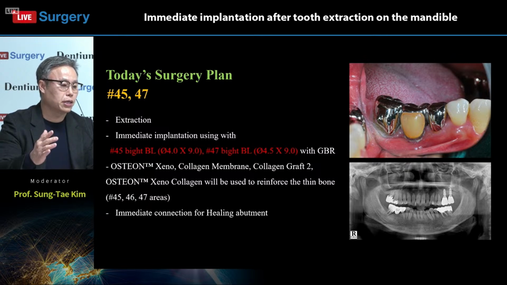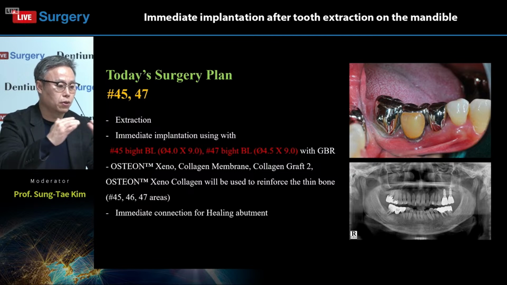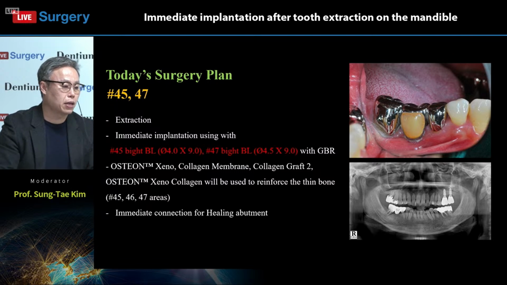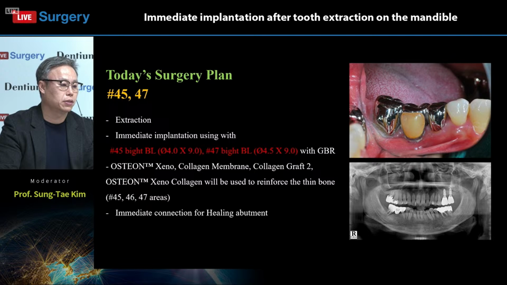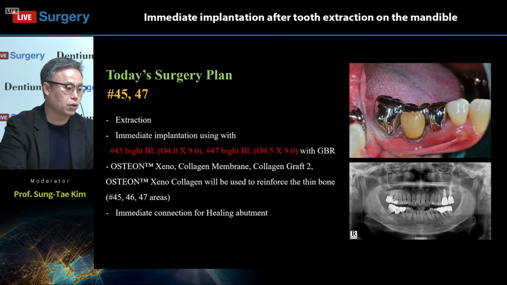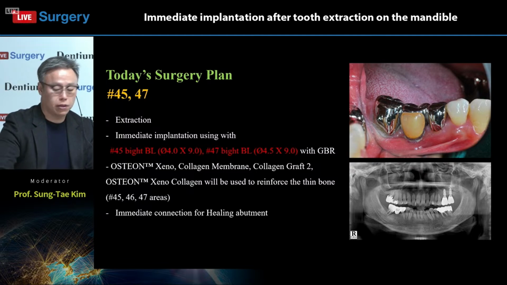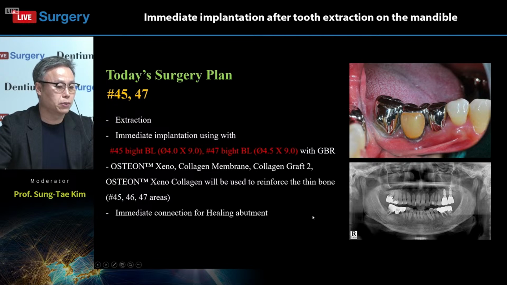The collagenated bone graft is good for making space, manipulating, and maintaining the contour. In some other parts, we also use the particulated bone graft. So nowadays, the combination is popular in Korea. Also, if we get good initial stability, we're going to use immediate connection of the healing abutment.